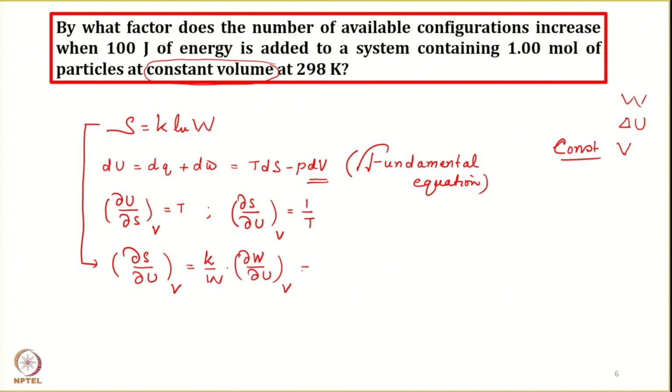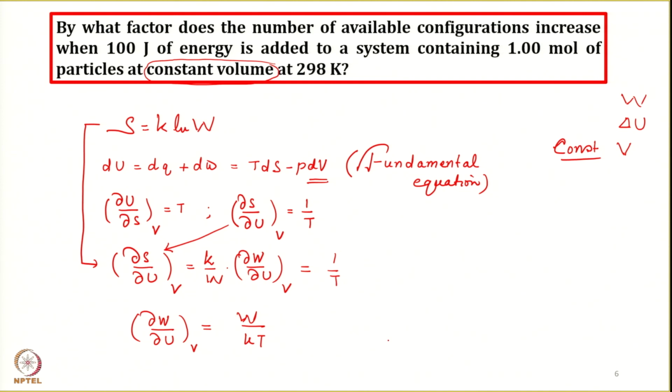This is equal to, I already know what this is, this is 1 by T. Now I have del W del U at constant volume is equal to W by KT. I rearrange this: del W by del U at constant volume is W over KT.